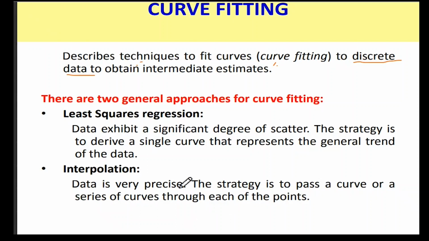So interpolation ni dia lebih tepat. Yang mana bila kita buat interpolation, we need to make sure that when we draw a curve, it will pass through each of the points available in our plot. So that's the difference between the least square regression and interpolation. And of course, the least square regression is easier to be done compared to the interpolation.